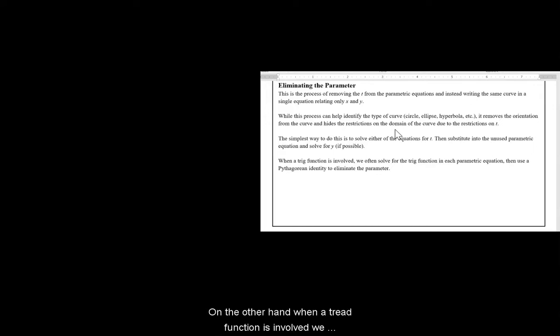On the other hand, when a trig function is involved, instead of solving for the parameter t or theta, we will often isolate the trig function, such as sine of theta or cosine of theta, in both the parametric equations. Then we use a Pythagorean identity, such as sine squared plus cosine squared equals 1, to eliminate the parameter. Let's work a couple examples that demonstrate these two different methods.